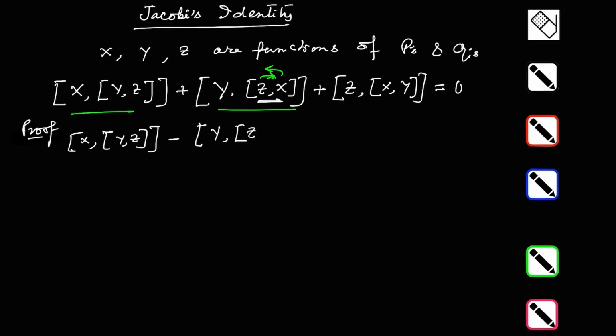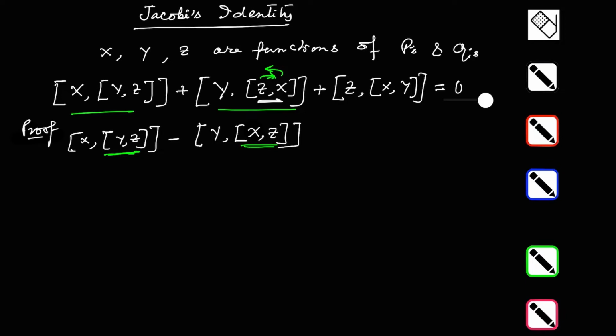z and x will now be x and z. Okay, x comma z here. Now we are going to expand the Poisson brackets inside the Poisson brackets.